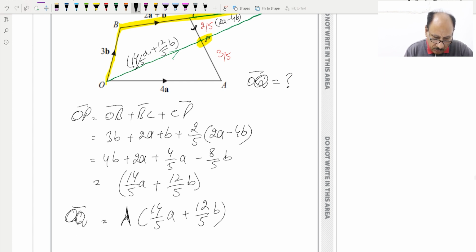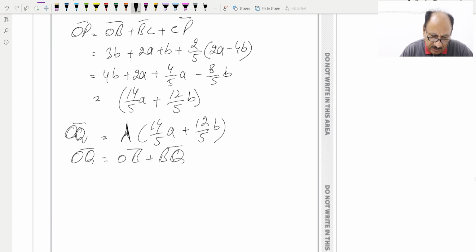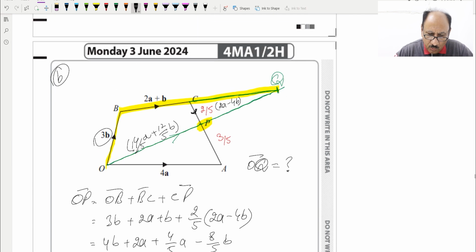So BQ, I will write the equation: OQ is equal to OB plus BQ, and OB we know is 3B, so we can write here 3B, and plus BQ.